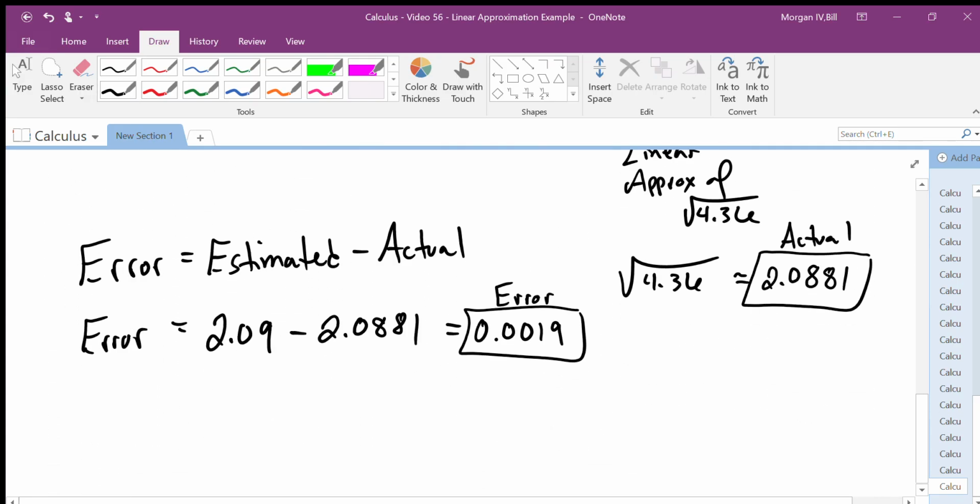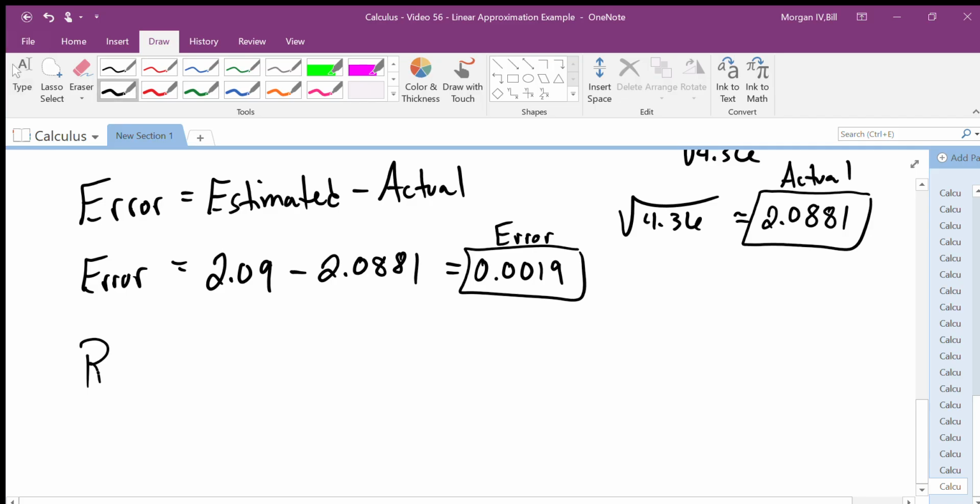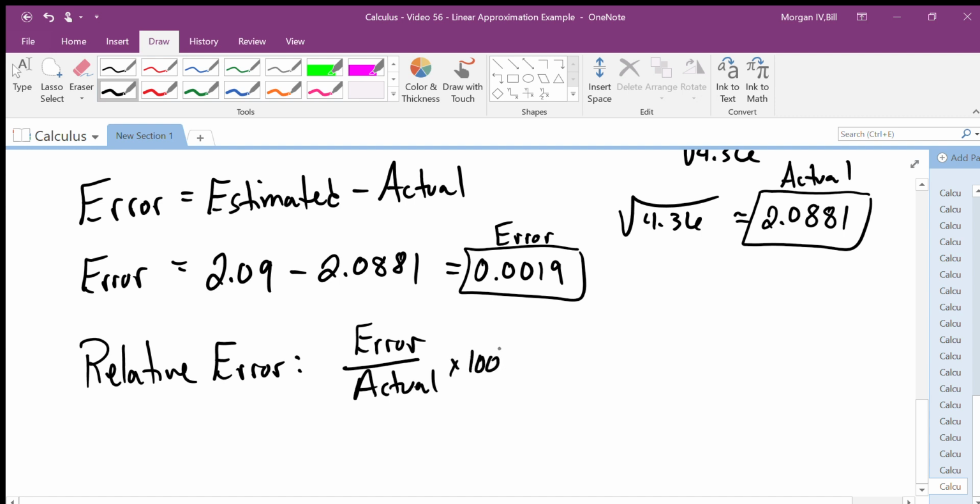Let's find now the relative error, which was our error divided by actual times 100%. We like to think of relative error in terms of a percent.